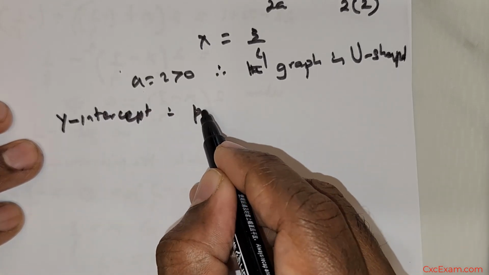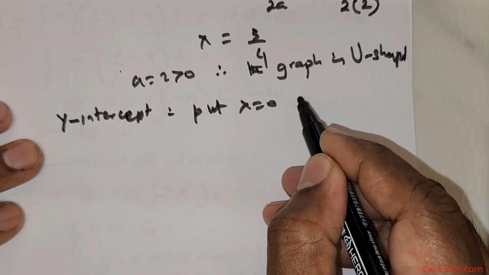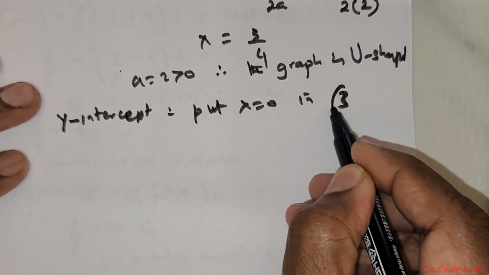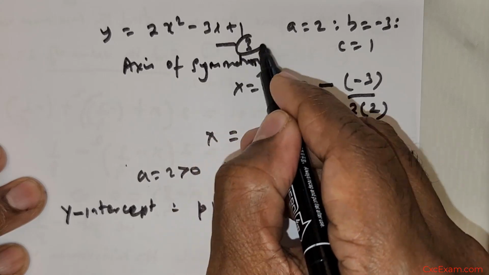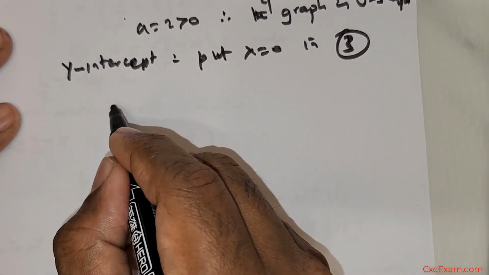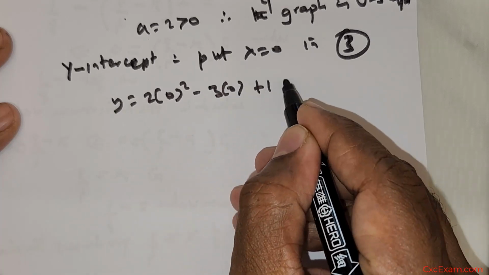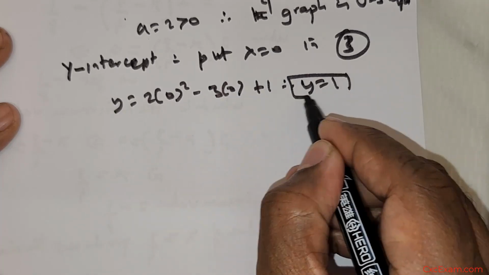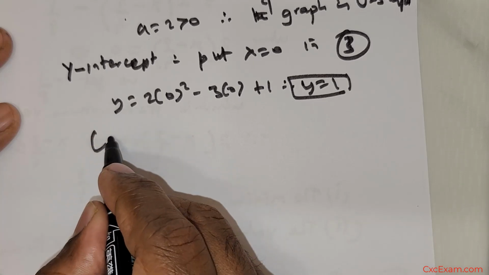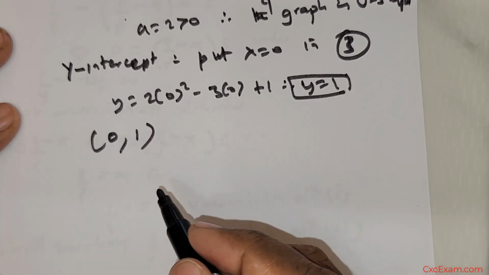To get the y-intercept, you put x is equal to 0 in, say, 3. I'm going to take this as 3. So y is equal to 2 times 0 squared - 3 times 0 + 1. Therefore y is equal to 1. So what is the intercept? When x is equal to 0, y is equal to 1.